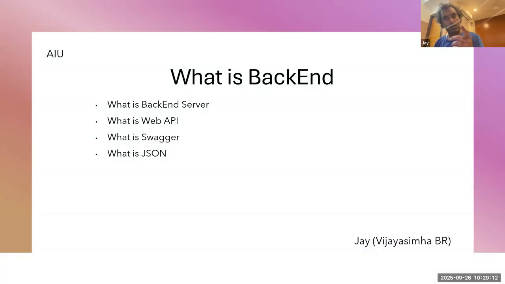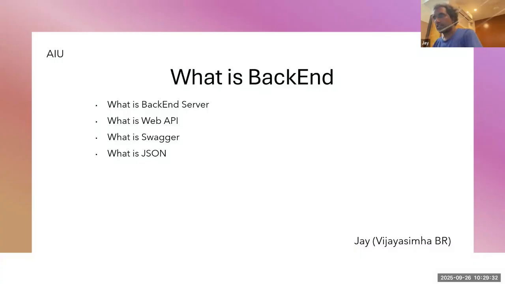Next, JSON, right? Now, JSON also is something I talk about every now and then. I've mentioned that in previous sessions. I showed a little bit of JSON in the last class as well, but now we are deep diving into backend. JSON plays a very, very important role when you're building a full stack application.